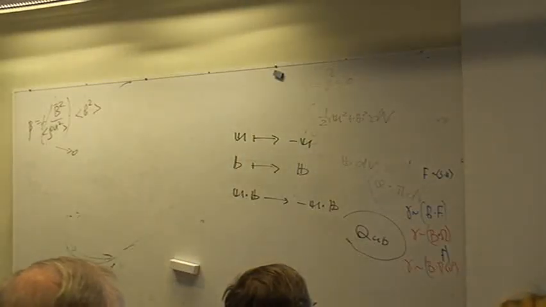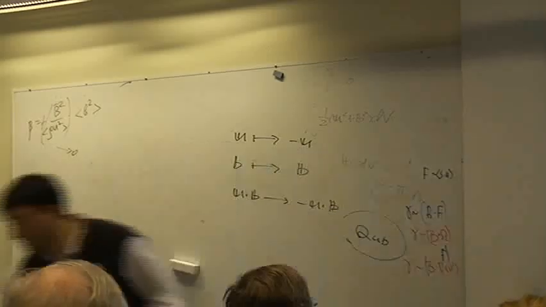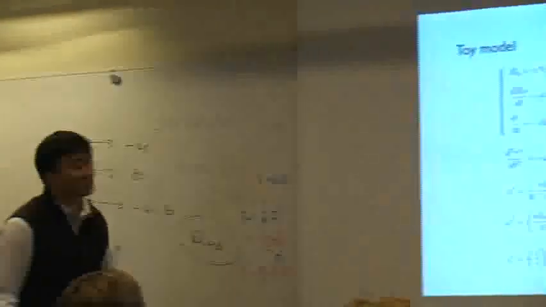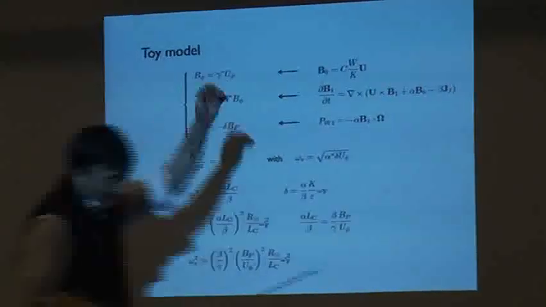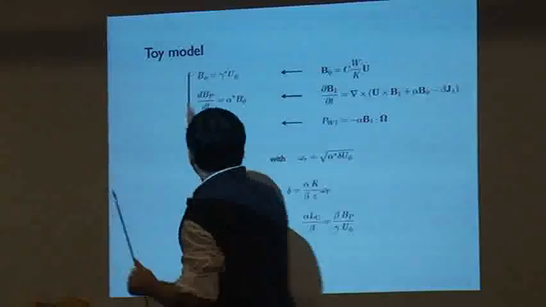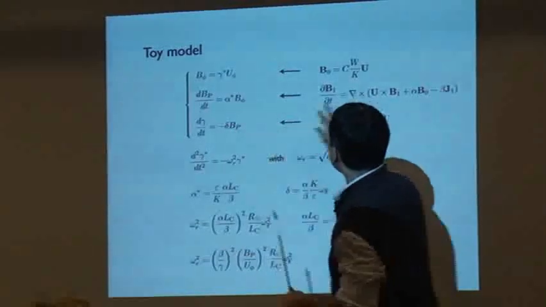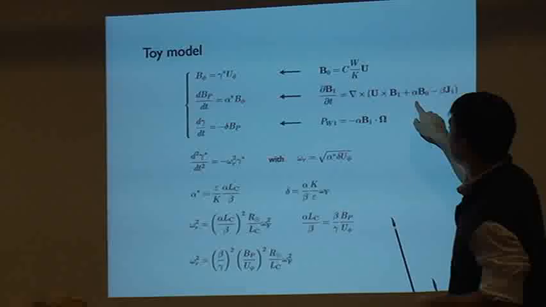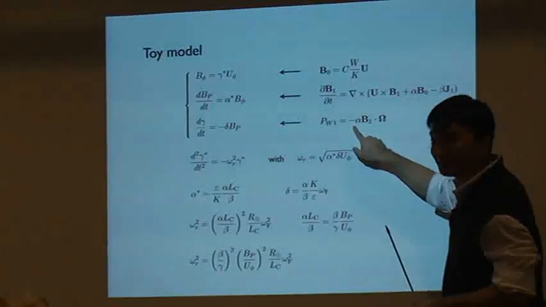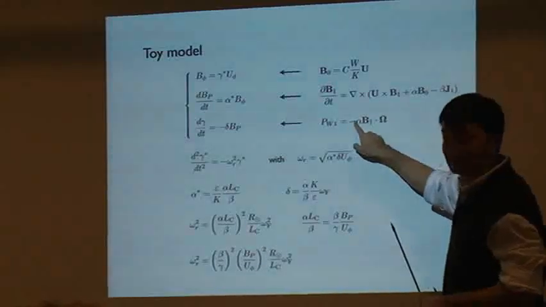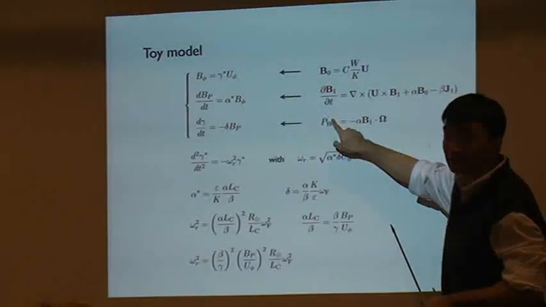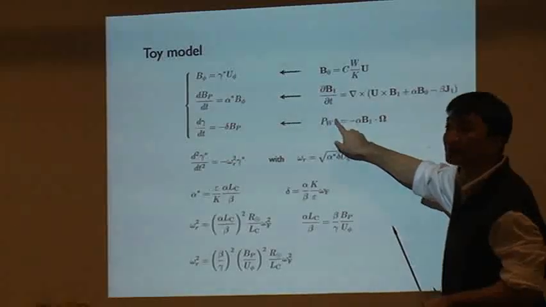So we consider the consequence of this perturbative field due to the alpha effect. The B1 field acts negatively on the production of cross helicity. That's a very important point.